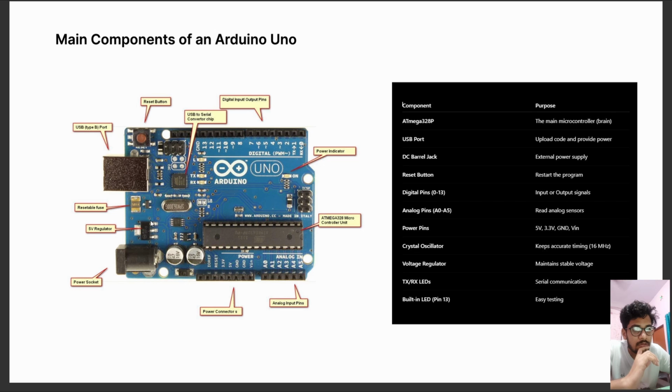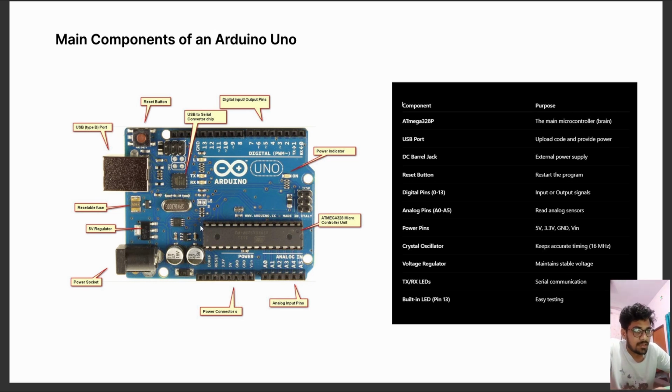This is a power socket. You can't always stay connected to your computer with a cable, so you upload the code to the Arduino, and after that you can remove the cable, and this power socket supplies the power to the Arduino.